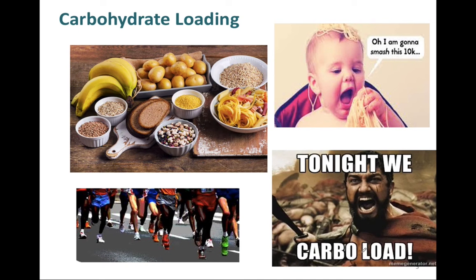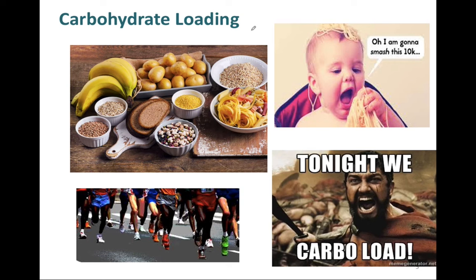So one practice that maximizes energy in our bodies is known as carbohydrate loading. You've probably heard of carbohydrate loading before, and if you're an athlete, it's very possible that you've used this practice a time or two. Carbohydrate loading includes taking in very large amounts of very complex polysaccharides that can be found in pastas and potatoes, so that we can maximize our glycogen stores before a large event.